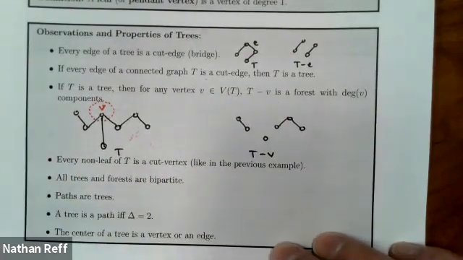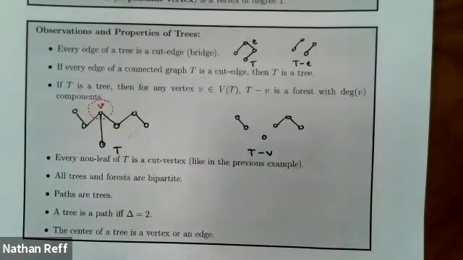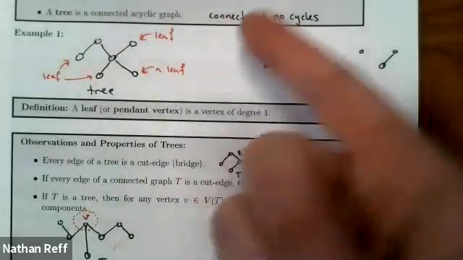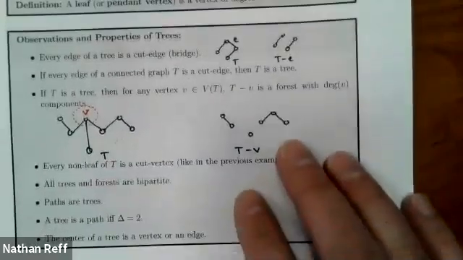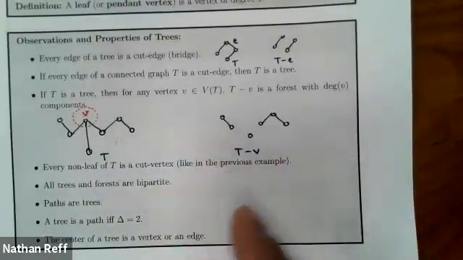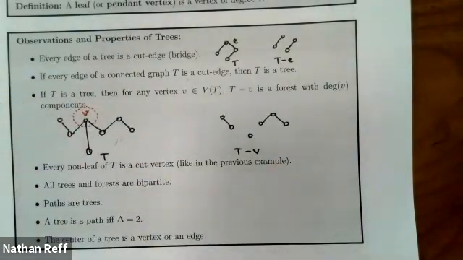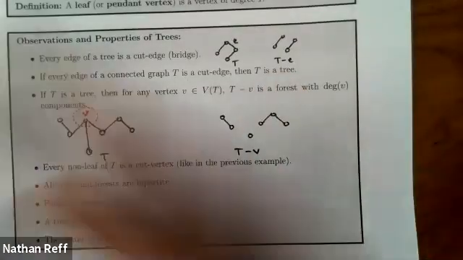So trees are special, in that you can get a handle on the structure a little bit more. It's highly specialized. I mean, you have to be connected and have no cycles. But the nice thing about trees is the more that we know about trees, they can help you do a lot of other things on a general graph.